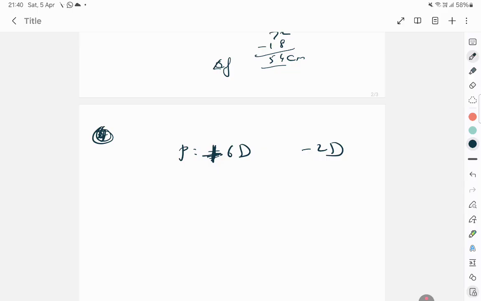This shows that the focal length is positive, and this shows the focal length is negative, because focal length and power are simply reciprocals, in meters though. So positive shows that it's a convex lens, and this negative shows that the next one is a concave lens, and they both are in contact. That's what it means. What is the focal length of this combination?